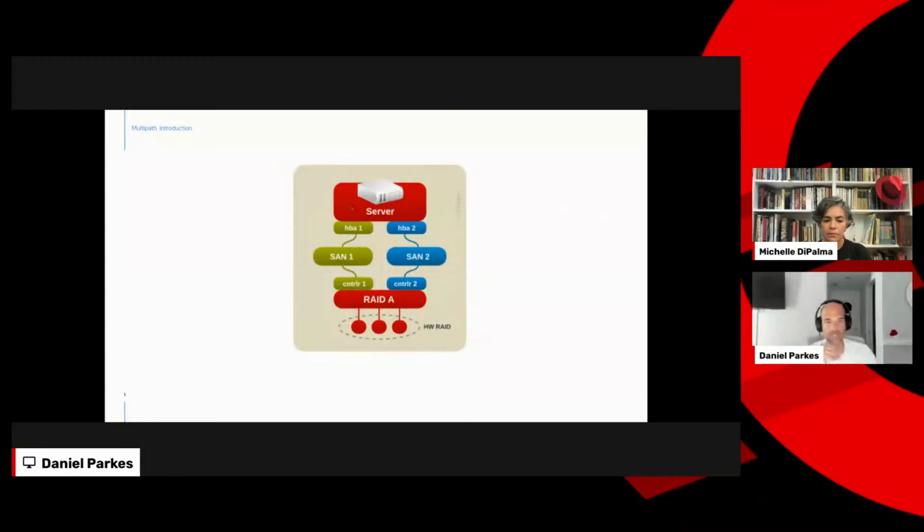We have a server that in our case would be an OpenShift worker node that has two HBAs. By HBAs, it's just the interface that gives us access to the fiber channel. So the server has two HBAs. We also have two different SAN switches with different ports, and the storage appliance has two different controllers.